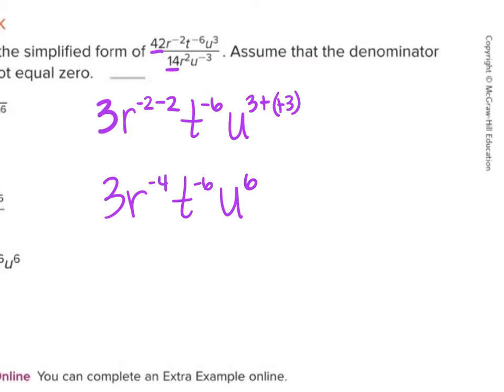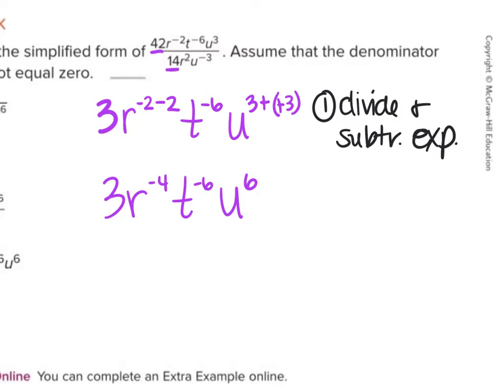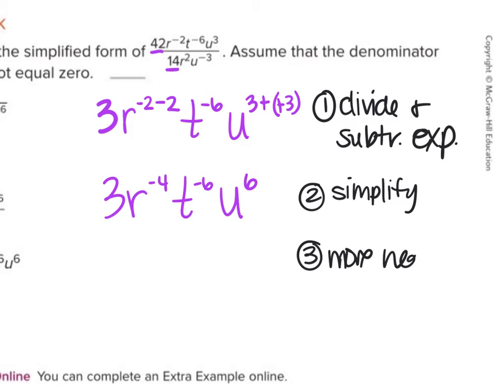6. Okay, so what I did here was we just did the division. So divide and subtract exponents. Okay, we simplified there. And third, we have to get rid of, so move our negative exponents. Okay, so like we did before.